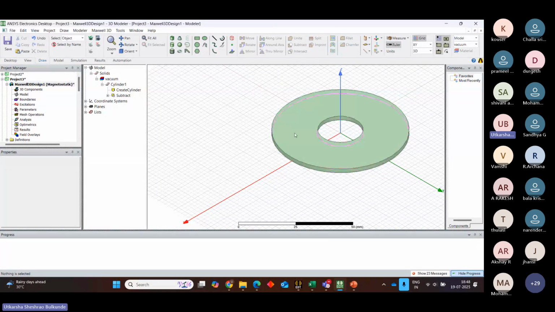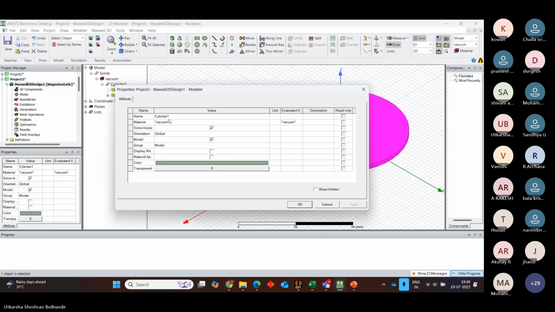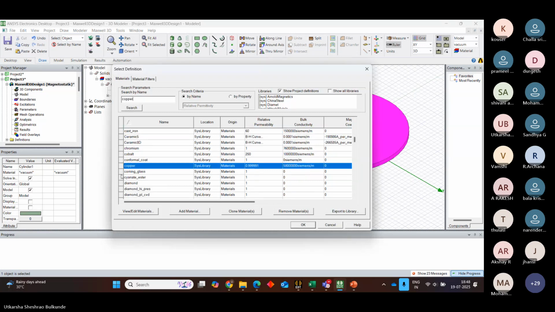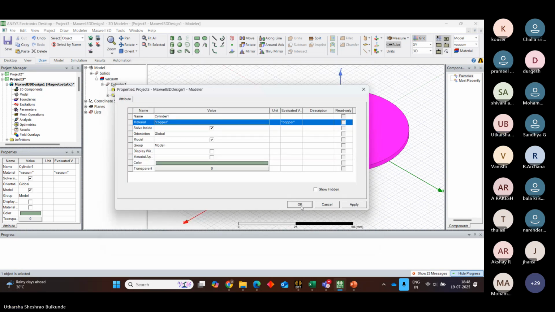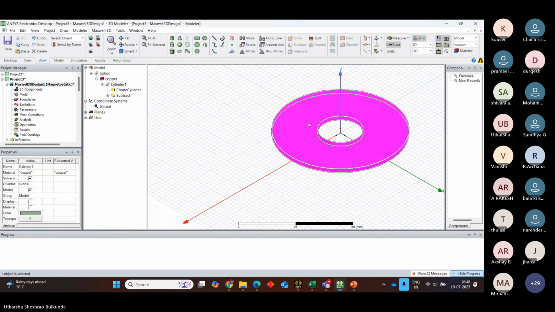So this is copper, right? This is your coil. Copper. Then below that, what is the material below the copper coil?